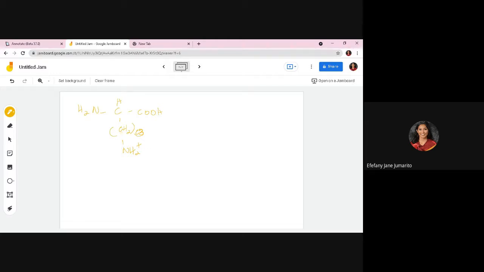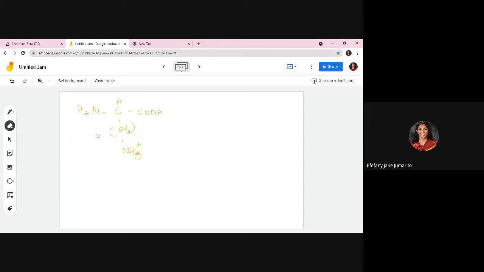We will look for its isoelectric point. So that is your four NH3 plus. This is your lysine.